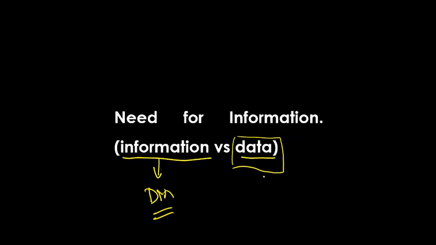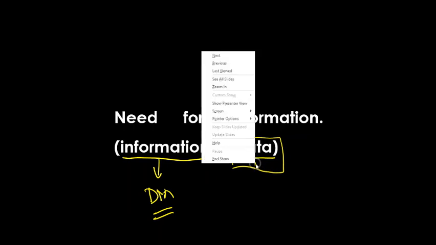Now let's continue. The need for information. As of now, you should know the difference between information and data. I believe this is already discussed in other subjects, especially statistics and financial analytics. When we say information, this is relevant for decision making. If it's not relevant, then maybe it's just data, a group of records. In some books, information is defined as data that is processed.